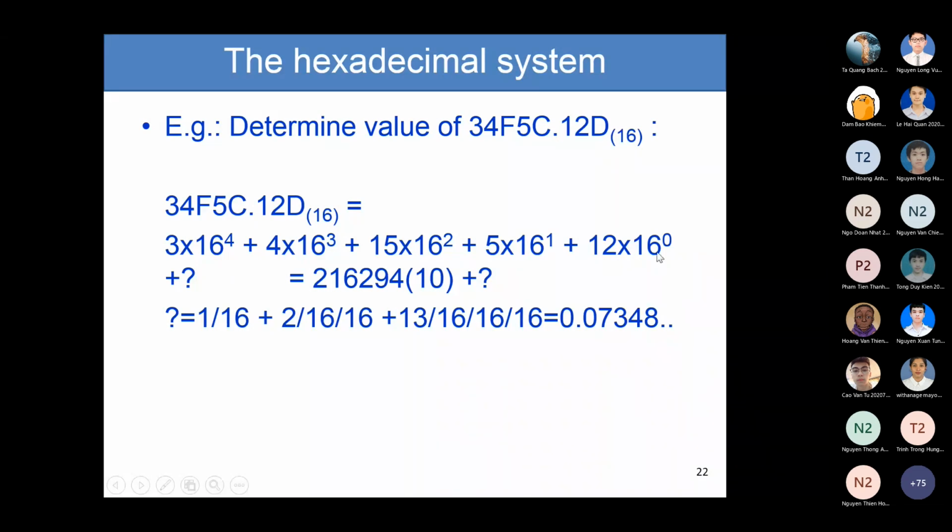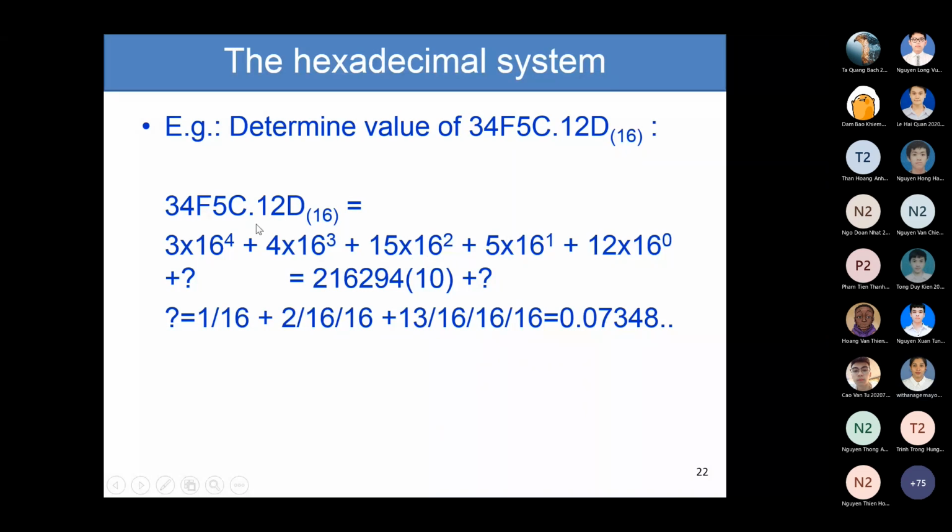The digit 5 here has index 1, so we have 5 multiplied by 16 to the power 1. Also, F has index 2 and F equals 15 in the hexadecimal system, so we have 15 multiplied by 16 to the power 2, and so on.